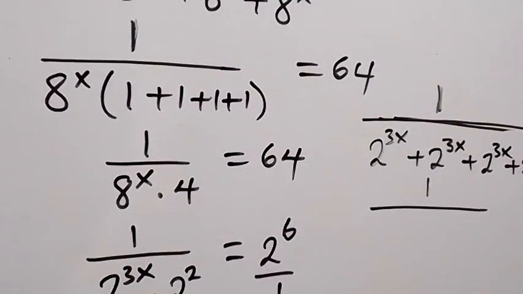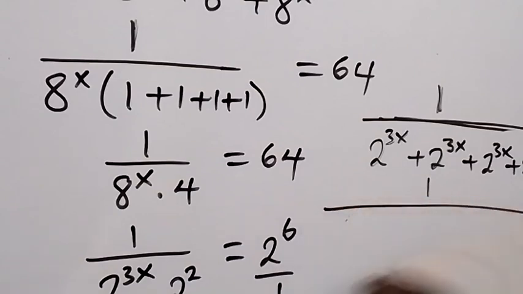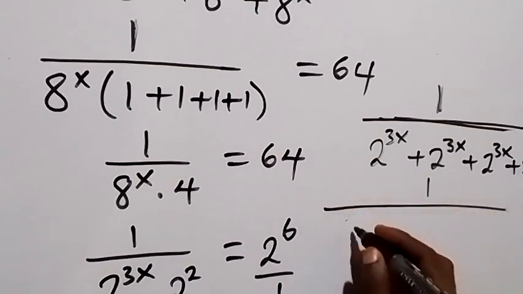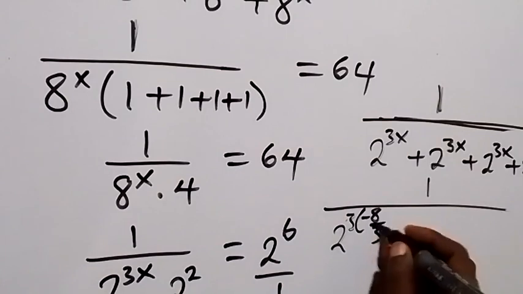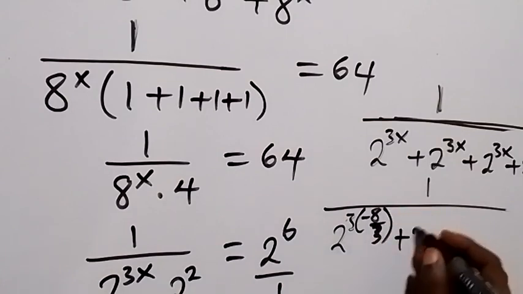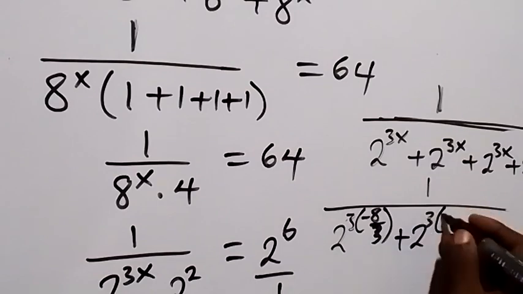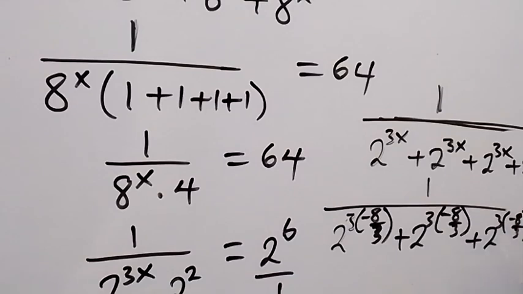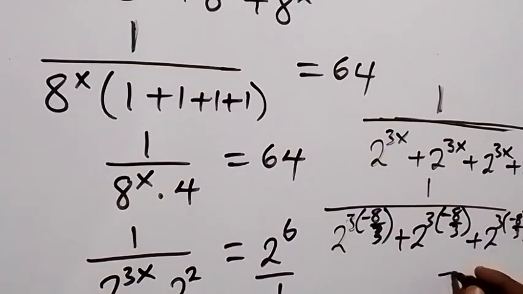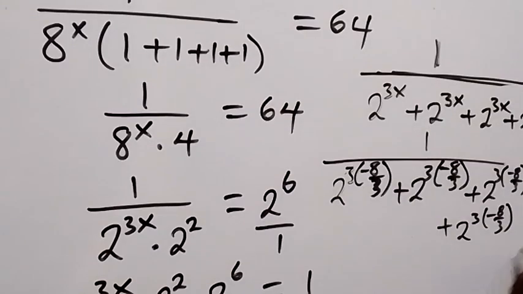Then by the time we simplify this, we have 1 divided by 2 raised to power 3 times minus 8 over 3, because that's the value of x, then plus 2 raised to power 3 times minus 8 over 3, then plus 2 raised to power 3 into bracket minus 8 over 3, and also we still have it again as another one, that's plus 2 raised to power 3 into bracket minus 8 over 3, which equals 64. So is this one equal to 64?